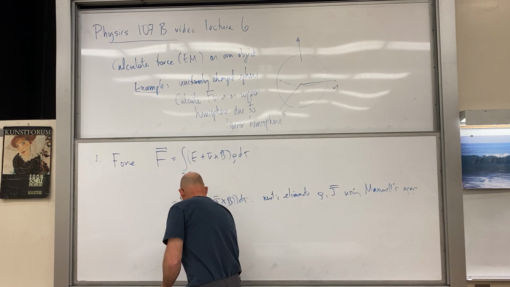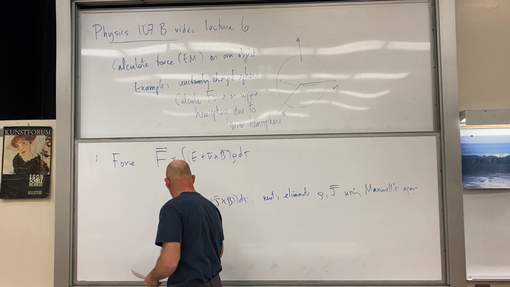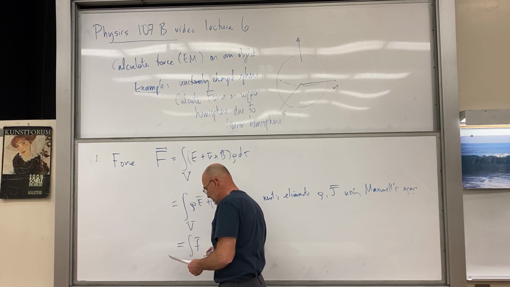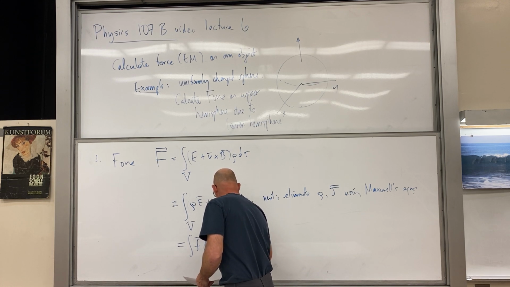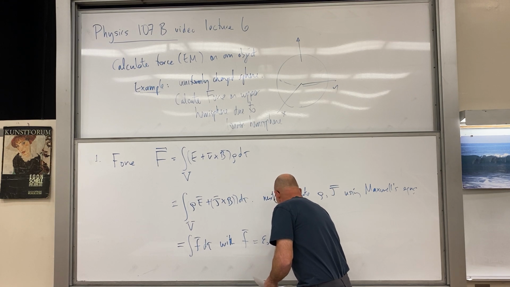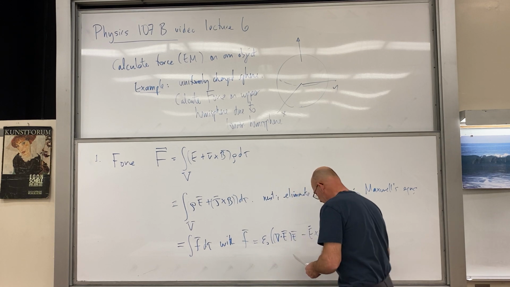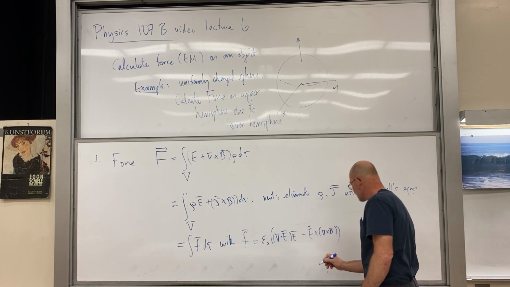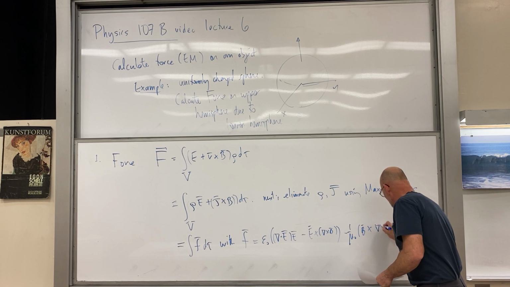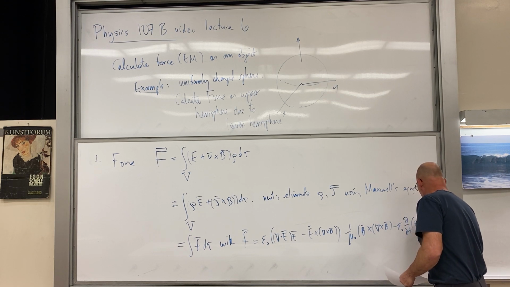So we're going to end up with the force, the integral of f d tau, with f equals epsilon naught, divergence of E times E minus E cross curl of B, close parentheses, minus 1 over mu naught B cross curl of B, minus epsilon naught d/dt of E cross B.